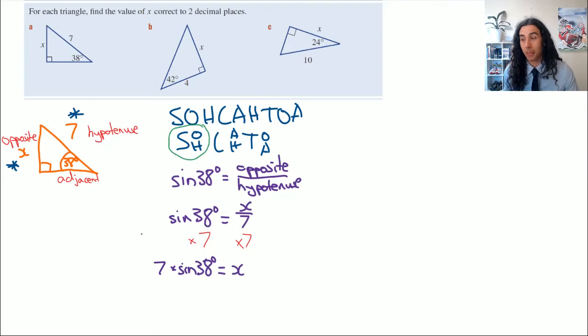And now this is the point where you're going to use a calculator. What is 7 sine 38? Off the top of my head, you can take a guess. You can look at the triangle and think, oh, it's the side, it's going to be less than 7. It's 38 degrees, around 3. But you're going to actually use your calculator.